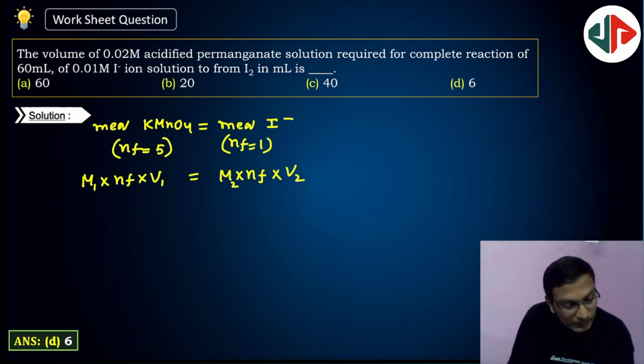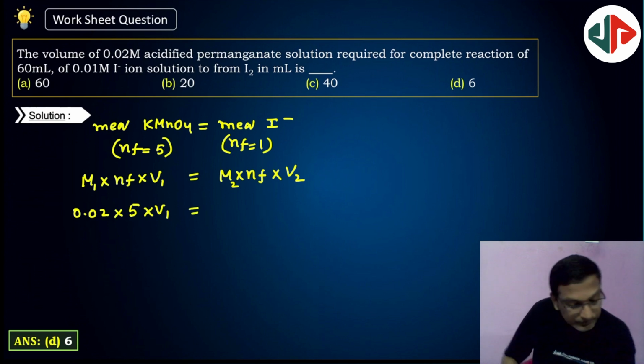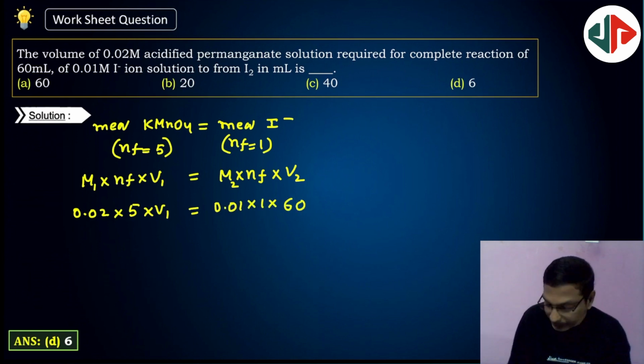Here we should find the volume. Molarity is given: 0.02 into N factor 5 into V1 equals 0.01 into N factor 1 into volume 60.